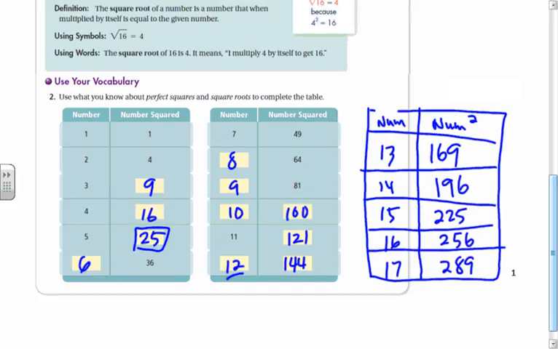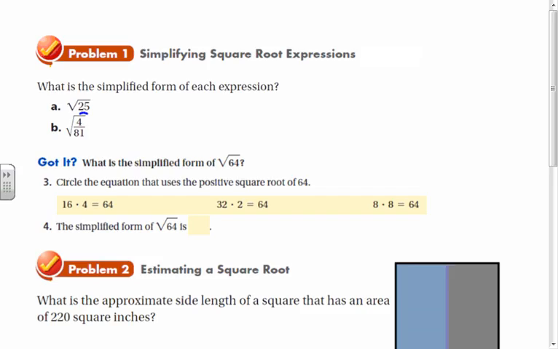And we can see that the number is 5. That means 5 times 5 equals 25. And so for this answer, since 5 times 5 is 25, we know that the square root of 25 equals 5.